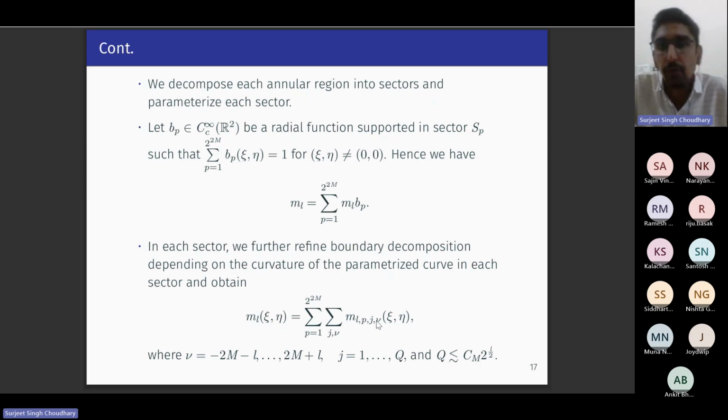So this j comma nu is the further decomposition in each sector and region, where nu varies from minus 2^{m-l} to 2^{m+l}, and j varies from 1 to q, where q is bounded by some constant depending on m times 2 to the power l by 2.